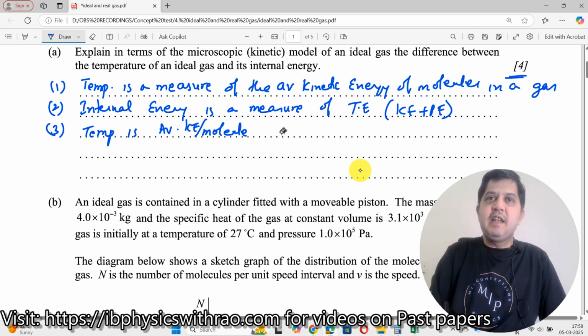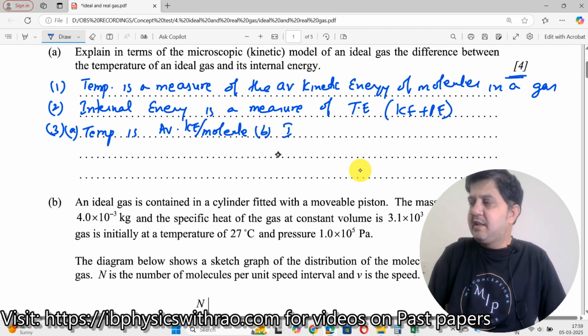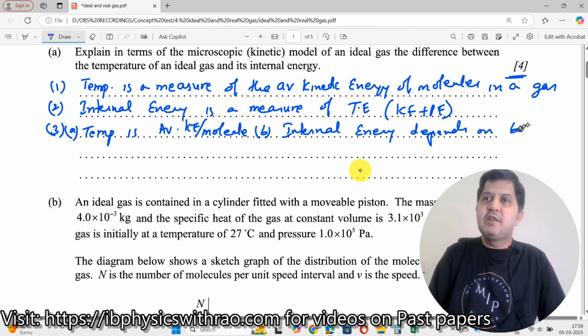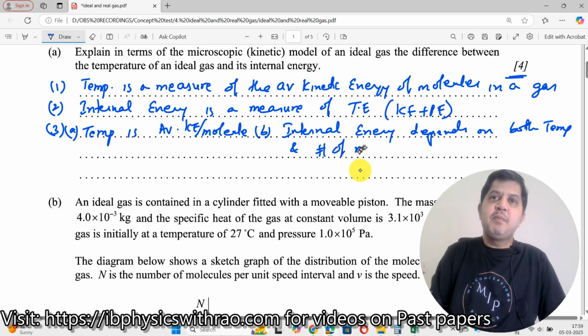While the internal energy, I can say, depends on both temperature and number of molecules.